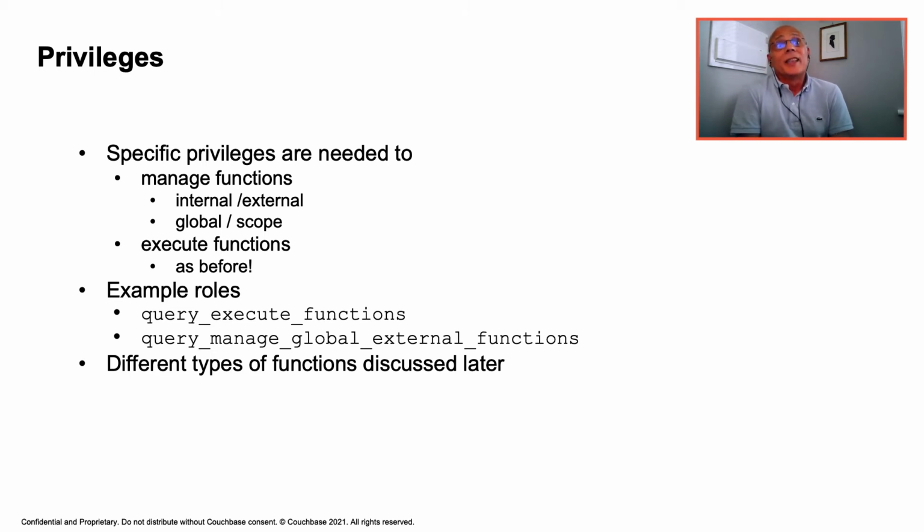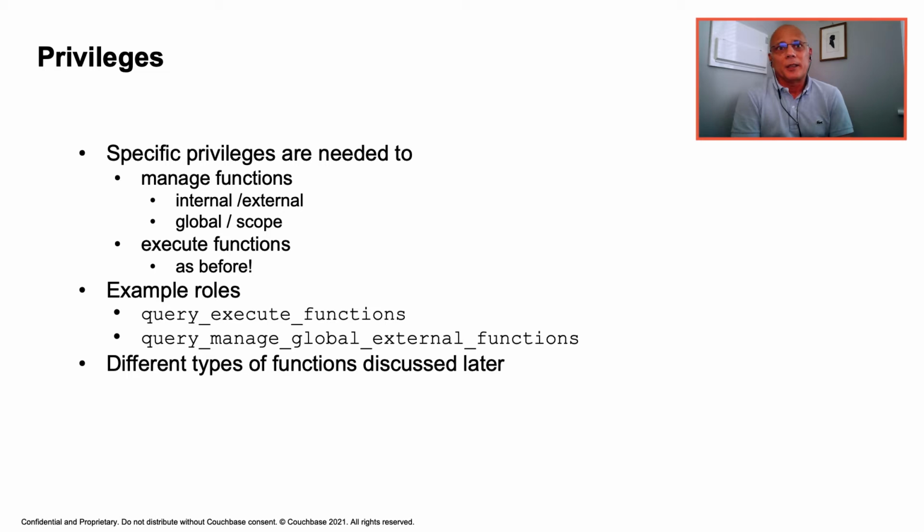Further, we differentiate rights between functions of an internal nature and an external nature, and I will cover this in a bit, and a global and scope nature, and again, I will cover this in a bit. But also you need specific rights to execute functions of different types. And that's because functions could actually do dangerous kinds of operations, which you want to limit to specific users.